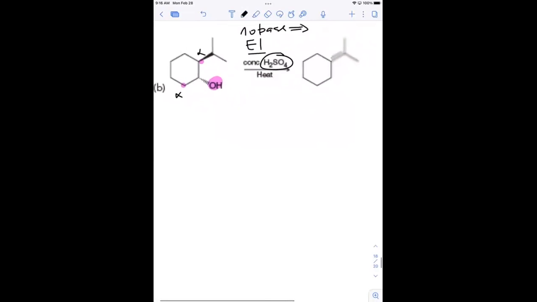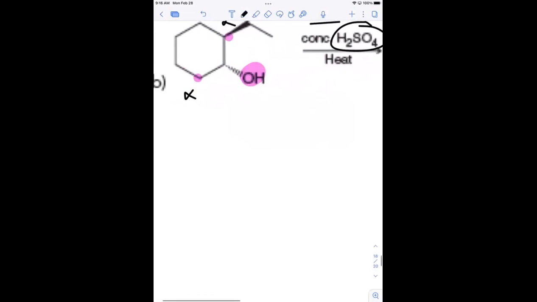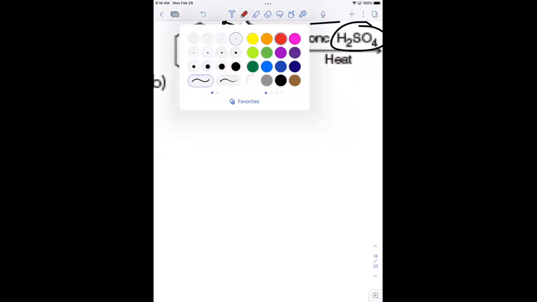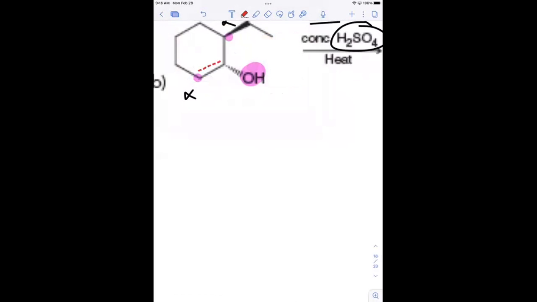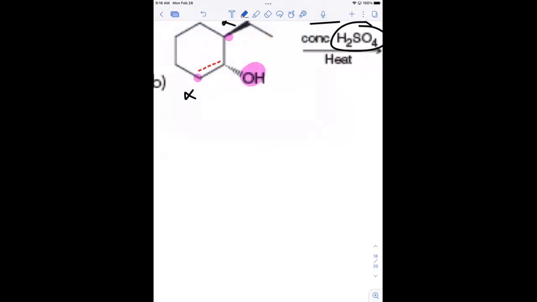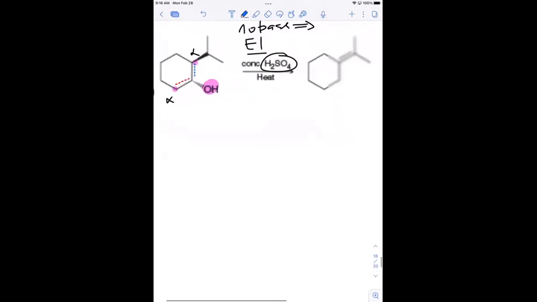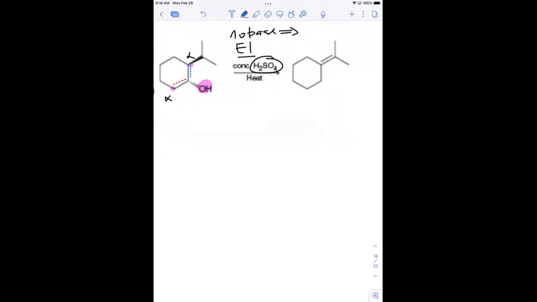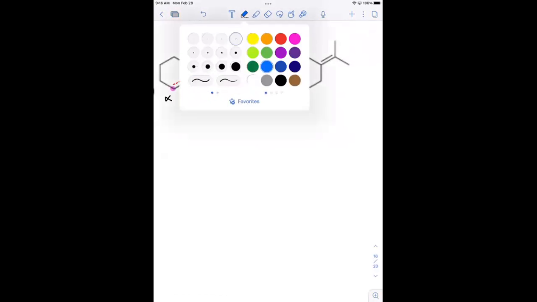But look at the product. Do we get either one of those products? If we took off this alpha proton, we would get a double bond here. If we took off the other alpha proton, we get a double bond here. But do we see either one of those double bonds in the product? No. So something else had to happen, right?